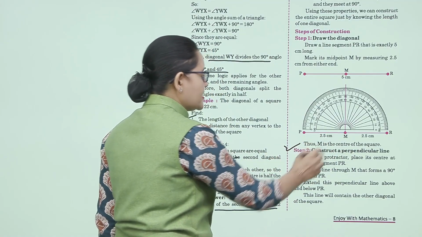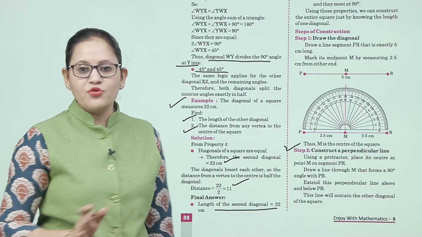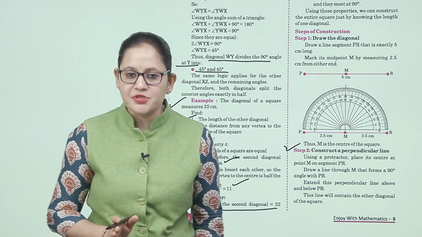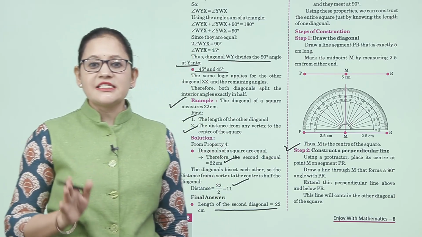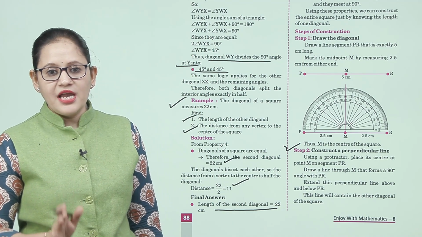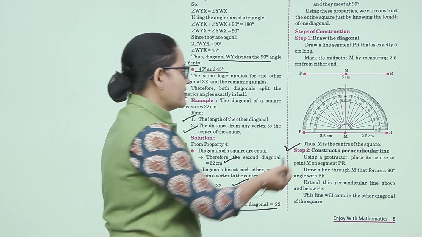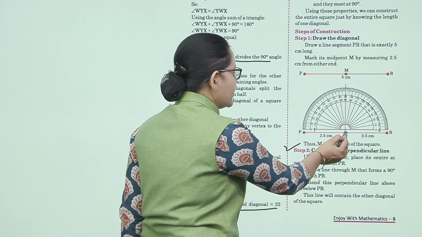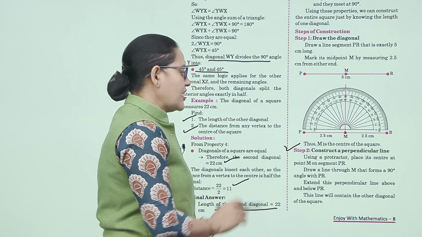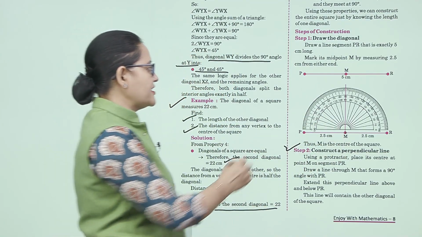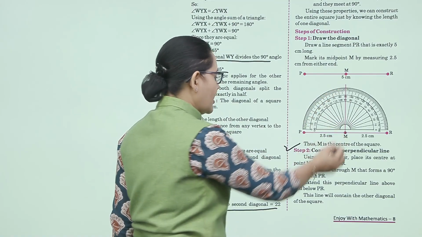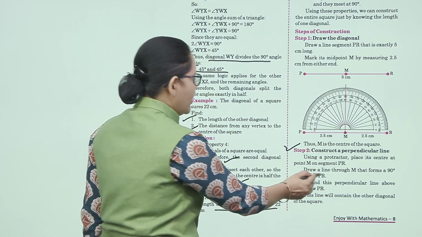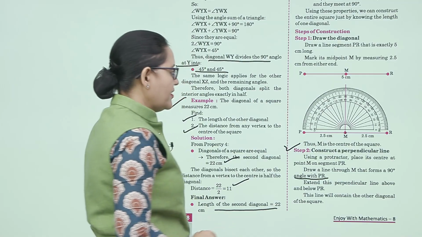Now step 2, construct the perpendicular line. We have to construct the perpendicular line using the protractor. Place its center at the point M on the segment PR. So here we'll put the center. Draw the line through M that forms a 90 degree angle with PR.